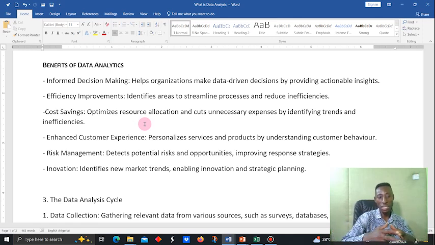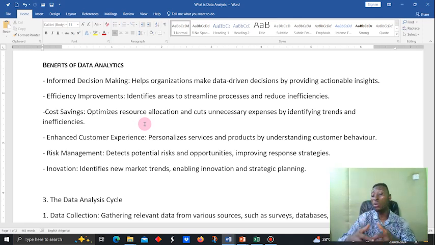Efficiency improvement. This identifies areas to streamline processes and reduce inefficiencies. Are there staff that need to leave us? Cost saving. It optimizes resource allocation and cuts unnecessary expenses by identifying threats and inefficiency.